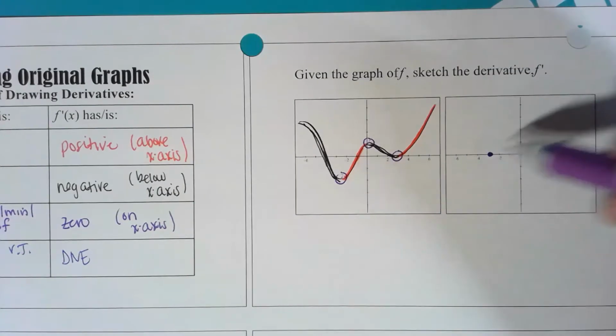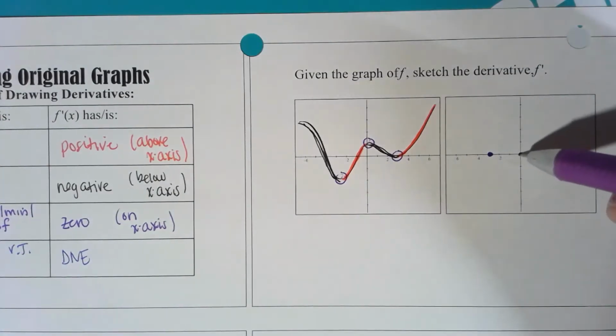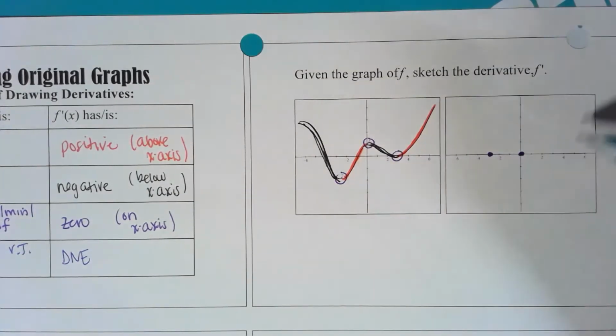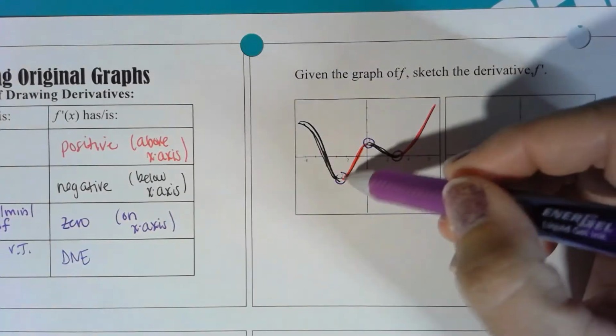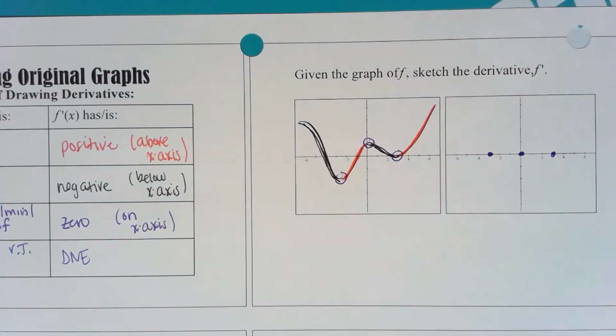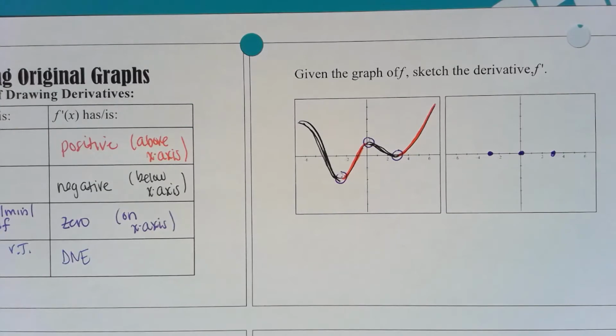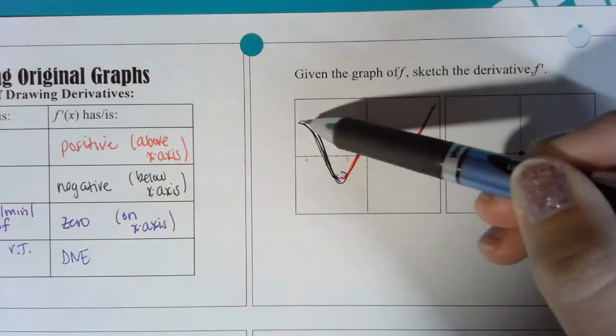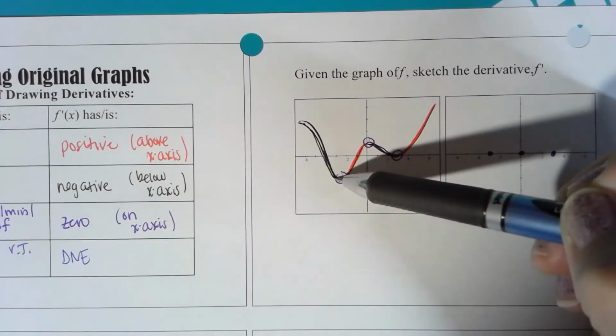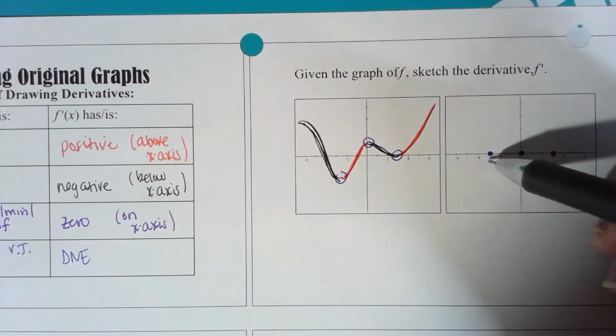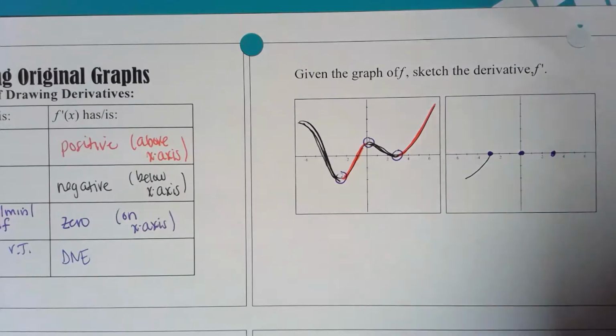Let's call it -3. Let's call it 0-ish. And how about +3? So I started with my max and mins, and now I'm going to connect them. My graph is decreasing, so my derivative is negative.